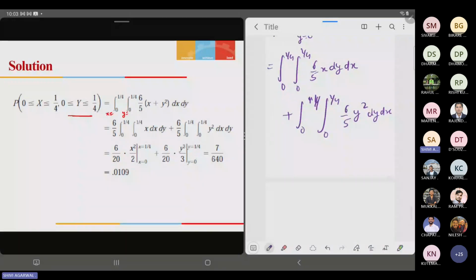For the simplification, now we can integrate it. We are integrating with respect to y first.